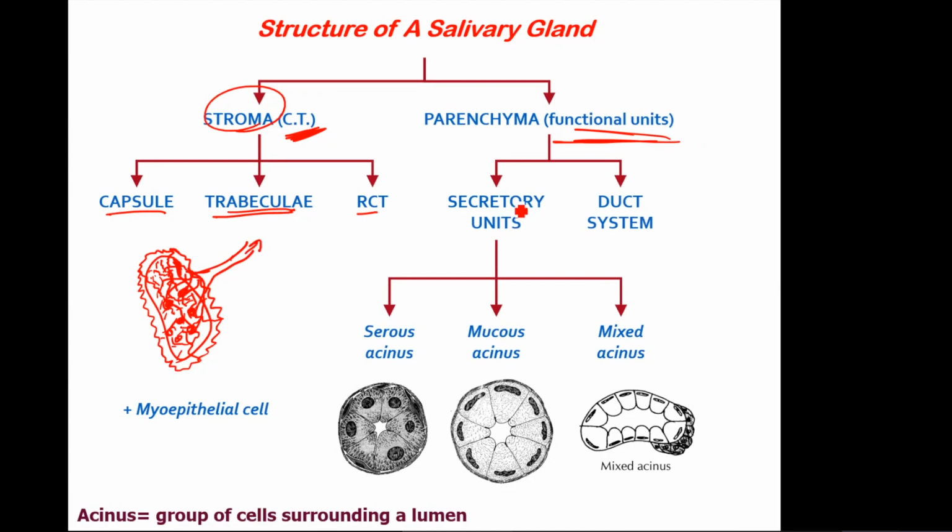These secretory units can be serous acinus, mucus acinus, and sometimes mixed from both serous and mucus. When you say acinus, what does it mean? Acinus is a group of cells. Look here: one cell, another cell, another one, and so forth. This group of cells surrounding a lumen is known as an acinus.